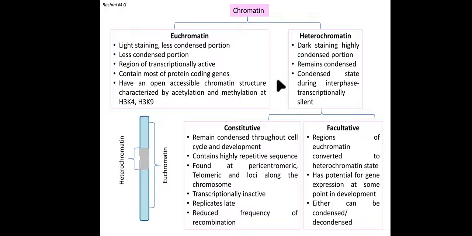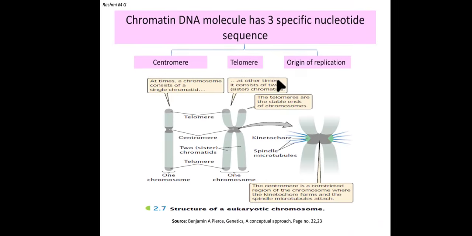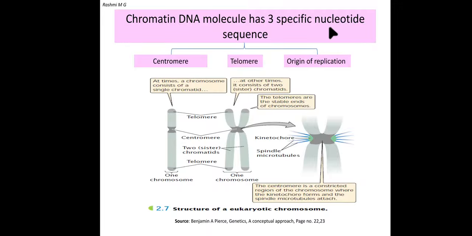So this was about the chromatin types. See, the chromatin DNA molecule has three specific nucleotide sequences. They are centromere, telomere, and origin of replication. This image shows not all three, but two regions you can see. The telomere, which is at the bottom, at the end.